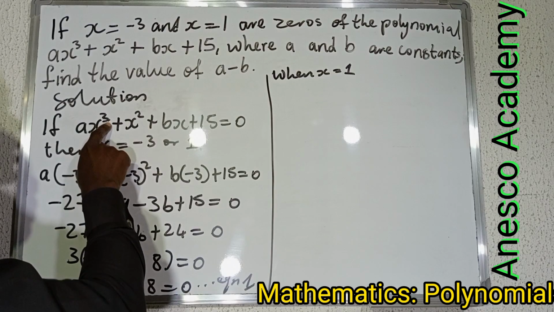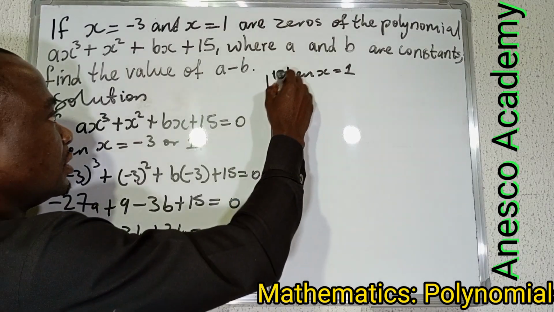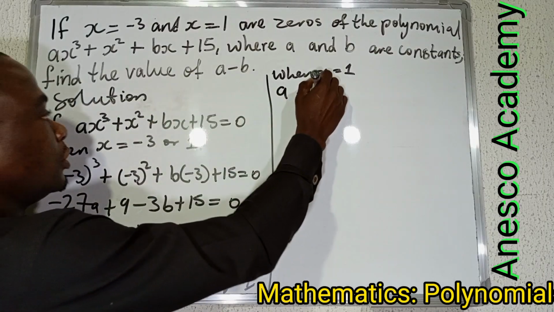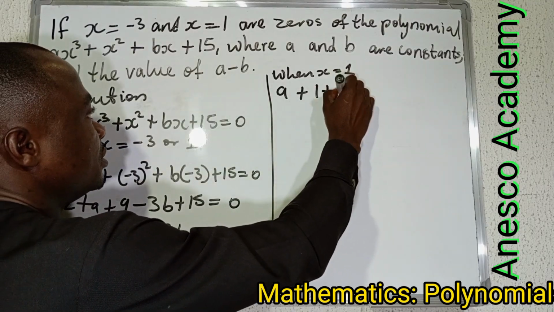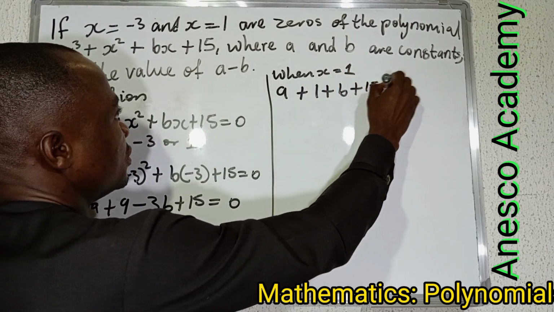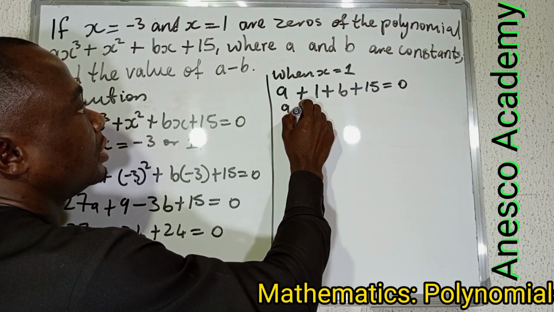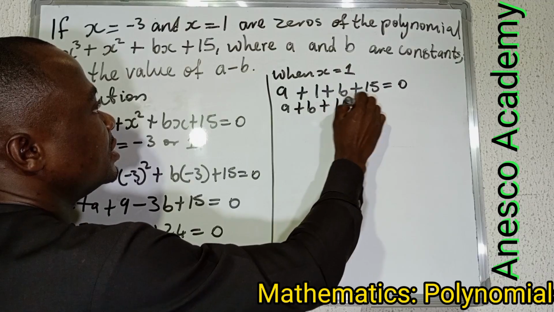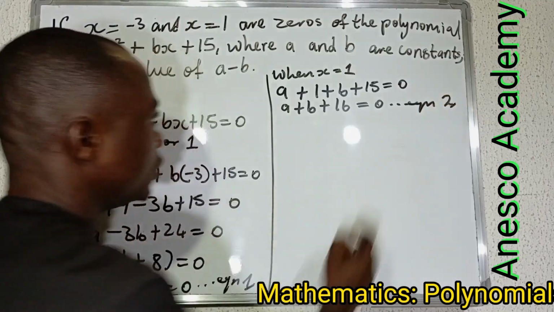X raised to the power 3, that is 1 raised to the power 3, is 1. 1 times a is what? A. Plus 1 raised to the power 2 is still 1, plus 1 times b is what? Plus b, plus 15 is equals to 0. Now this is a plus b plus 16 is equals to 0. That becomes our equation 2.